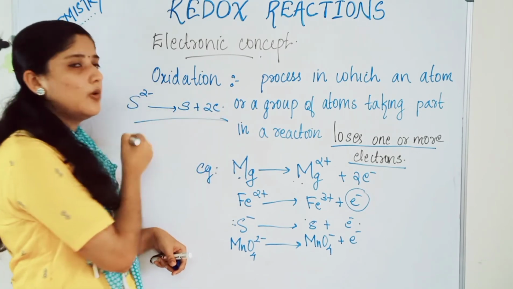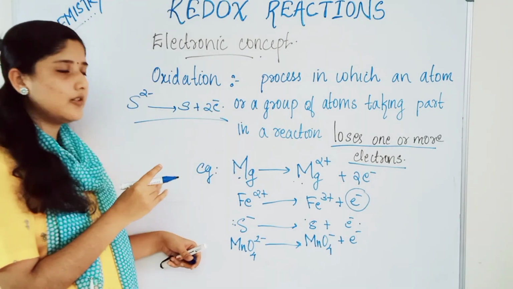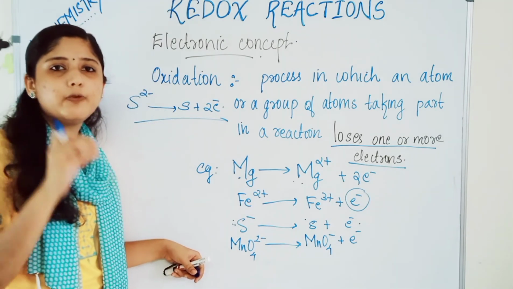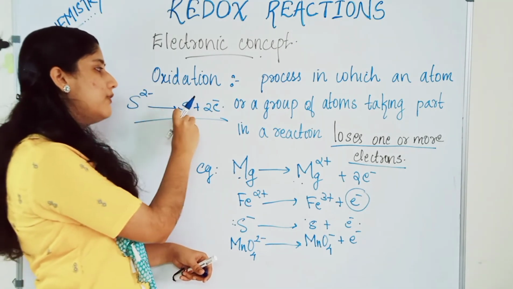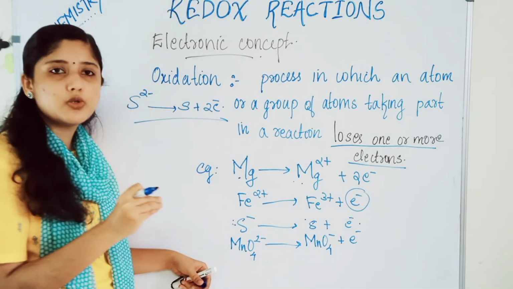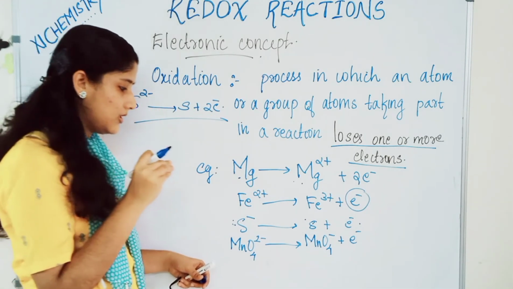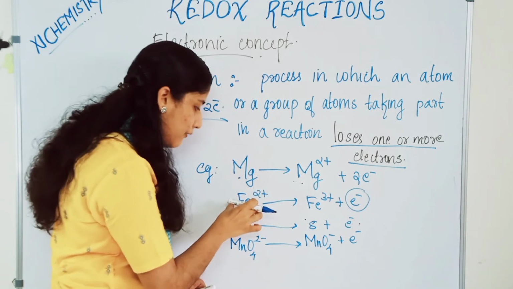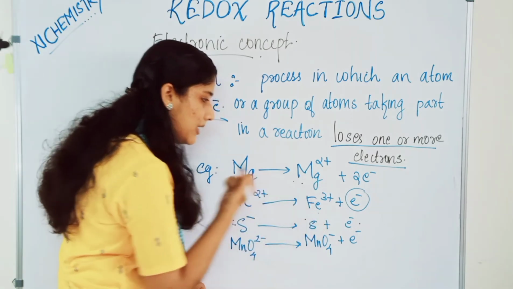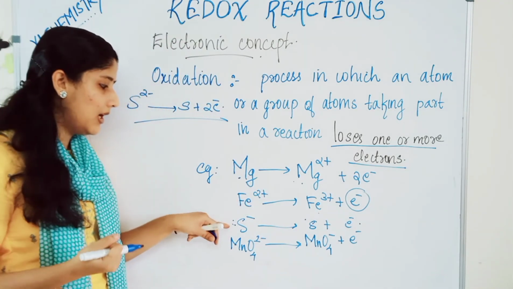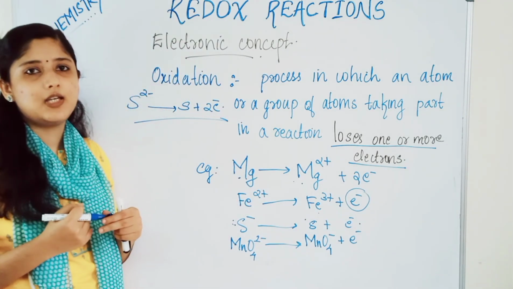So this is also an oxidation reaction. S2- means from sulfur 2 extra electrons, isn't it? When that changes to a sulfur atom plus 2 electrons, this is also an oxidation process. Already deficient Fe2+ loses an electron when it changes to Fe3+ plus e-.